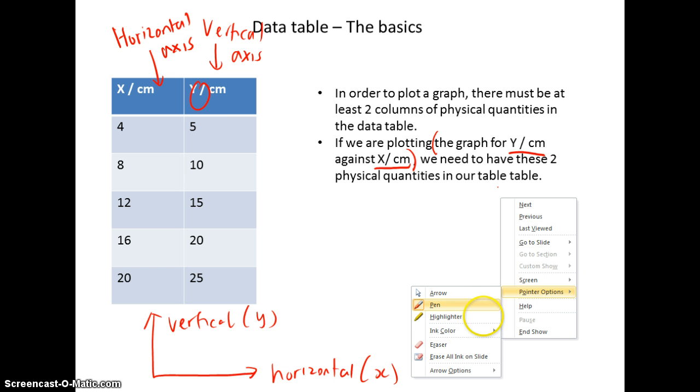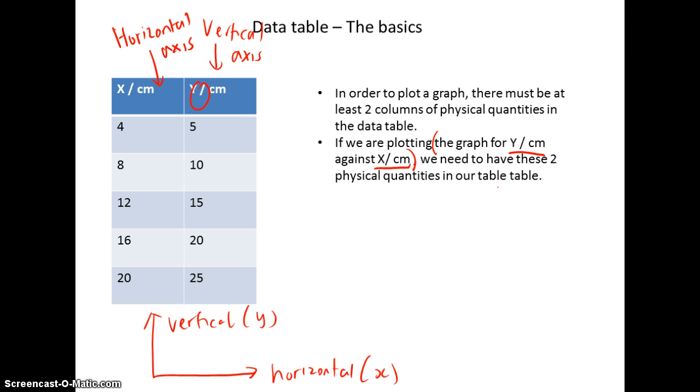Take the next 10 seconds to digest this. Now I'll be using all these terms very frequently, like plotting the graph of t squared against m, plotting the graph of s against m, things like that.